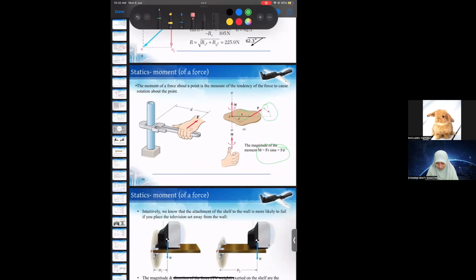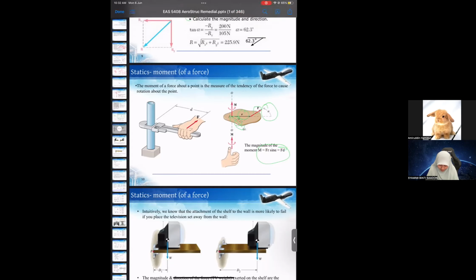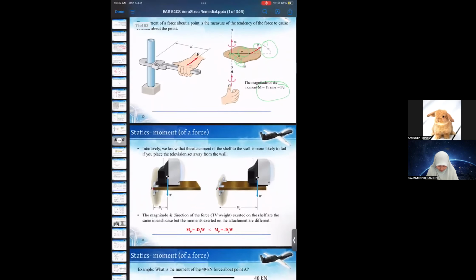Otherwise, we can also directly calculate it as F and D, the perpendicular direction to the material. So this is how we calculate moment.